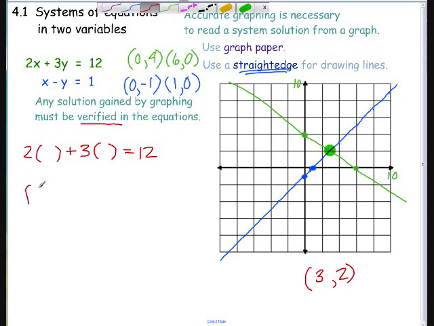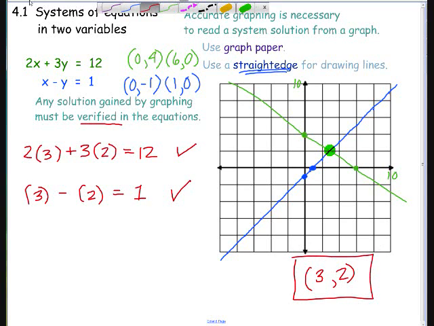And we're also going to test this one, x minus y equals 1. So that'll be 3 minus 2, and this one, I've got my x here and my y here. Let's see, that'll be 6 plus 6 is 12. That works. And 3 minus 2 is 1. That works too, so that's a good solution.